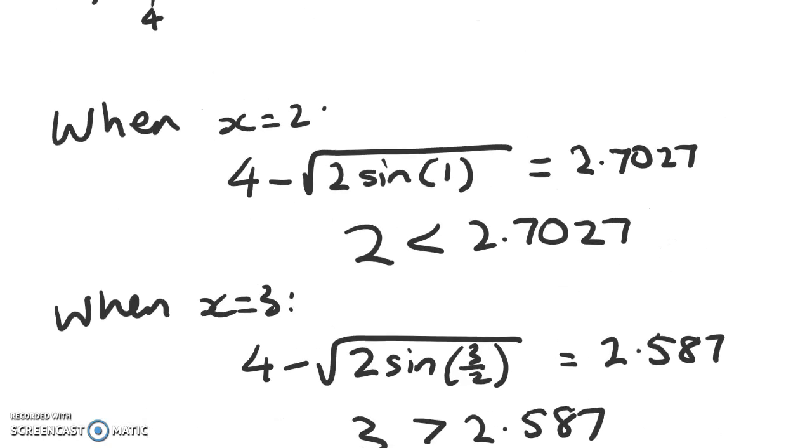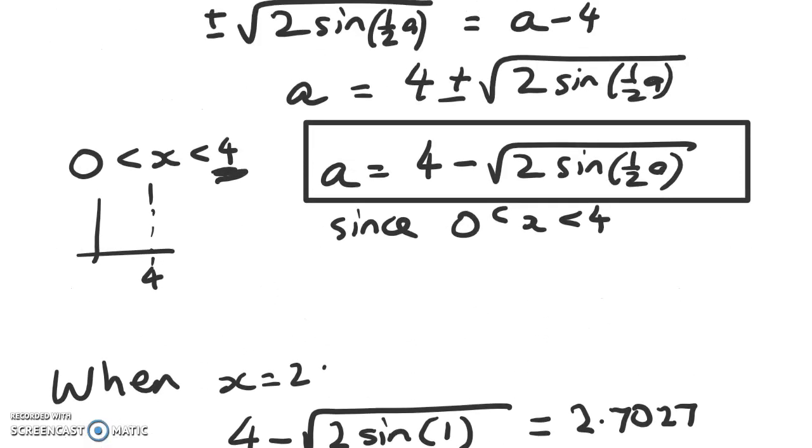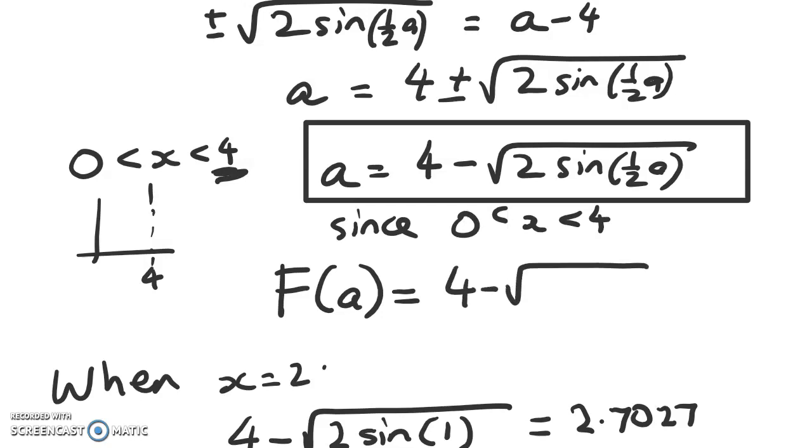Now, the other way is to rewrite this as a function of a. So we can rewrite this as capital F of a, and it's going to be the difference between the 2 sides. So I'll go 4 minus root 2 sine a half a minus a.